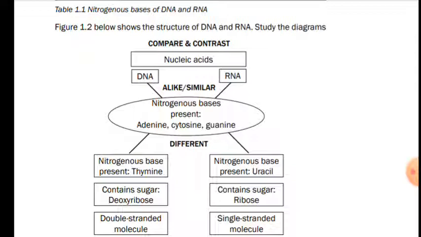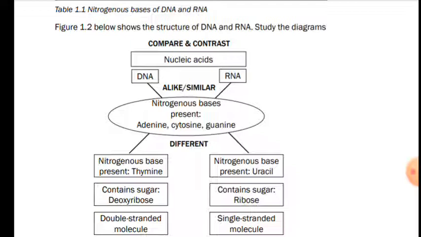What is present in both is adenine, cytosine, and guanine, not thymine and uracil, because they differ from one another. On DNA you find thymine, and on the RNA you find that there's always uracil.